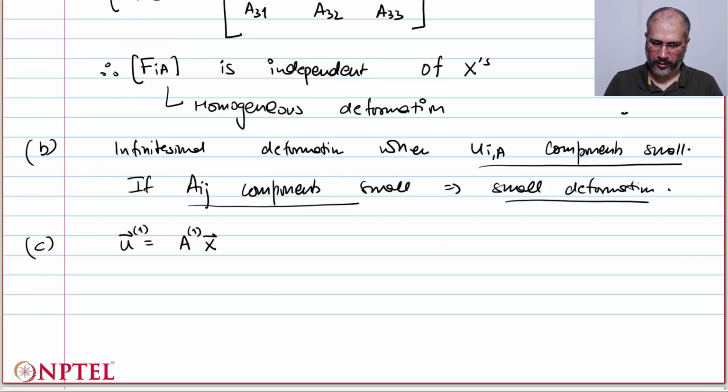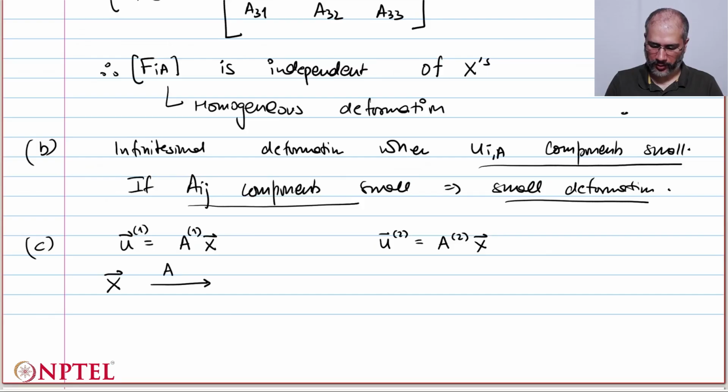Let's say this is u1, and u2 could correspond to A2 times X. But what is given is that the deformations are happening sequentially. So it's best we work with the small x's here. So capital X, that is the material coordinates.